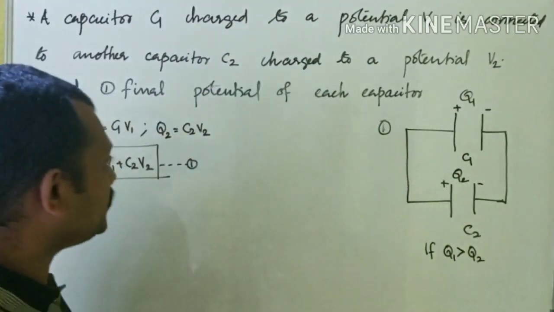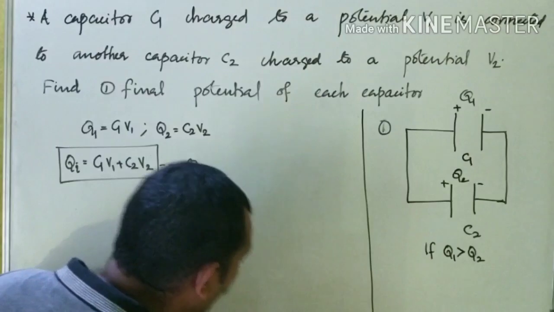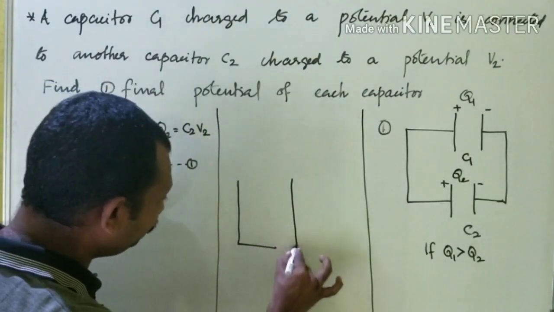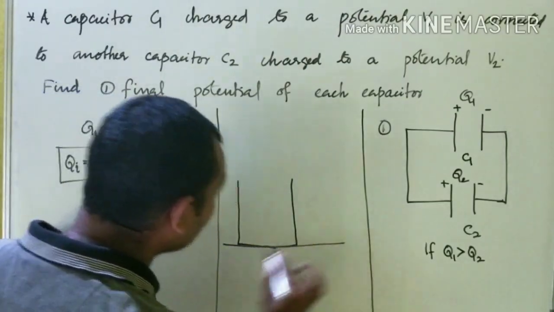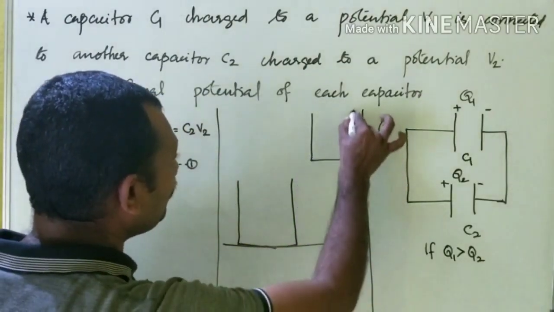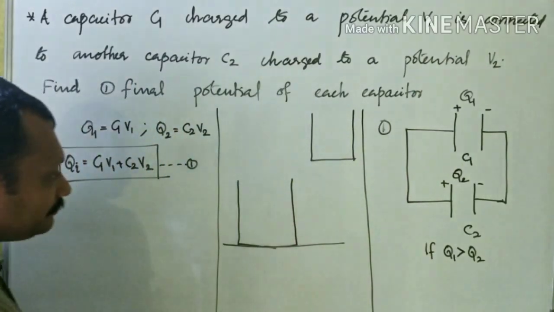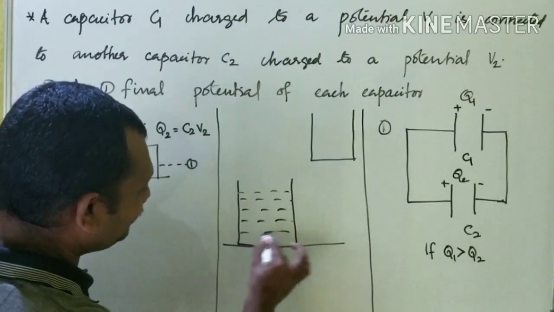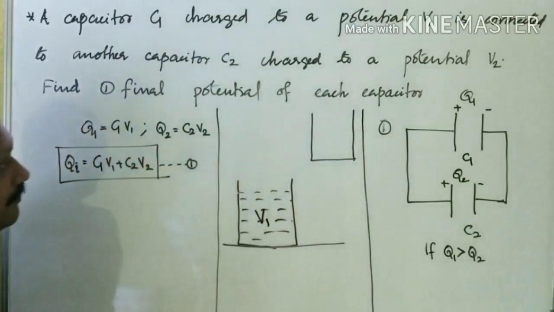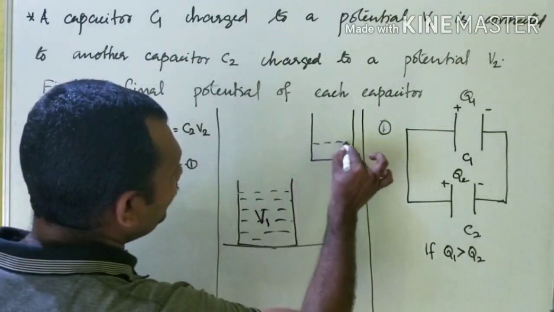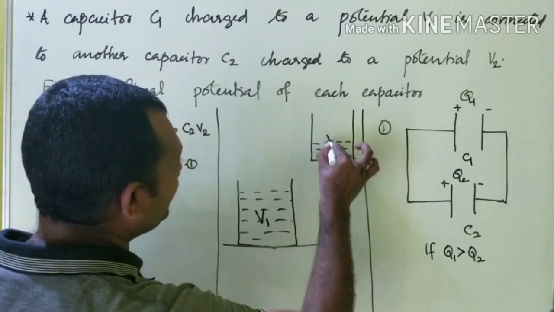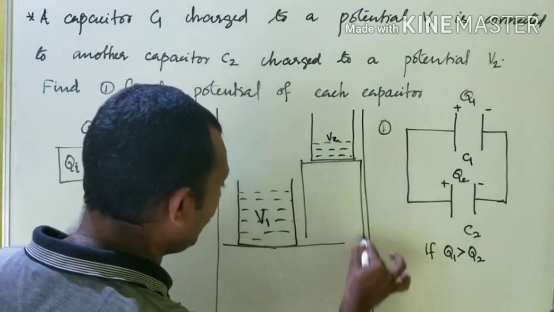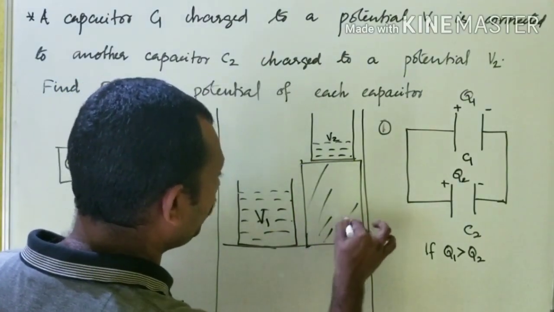Let us have an analog of the same situation. Let me consider a tank at the ground, and another tank at a height. This tank has a liquid level, say a volume V1. The level of water in the second tank is V2. The second tank is located at a height, over a platform.